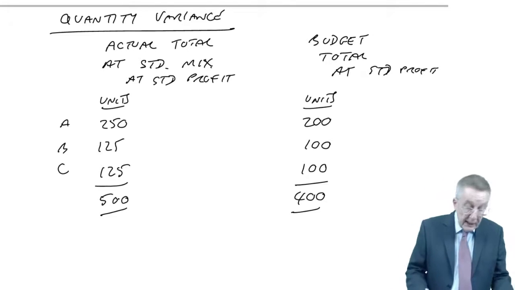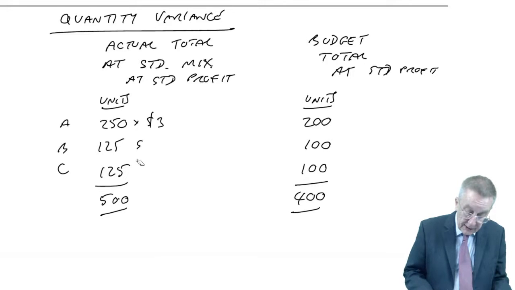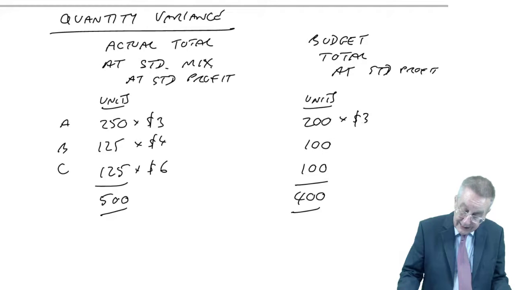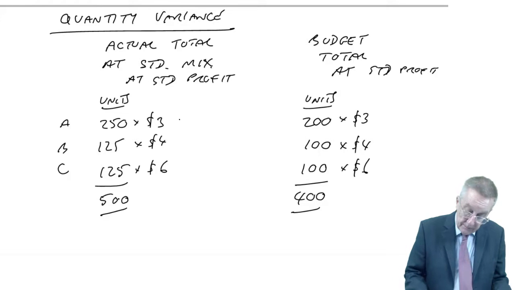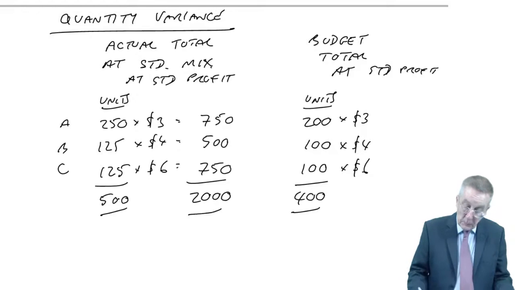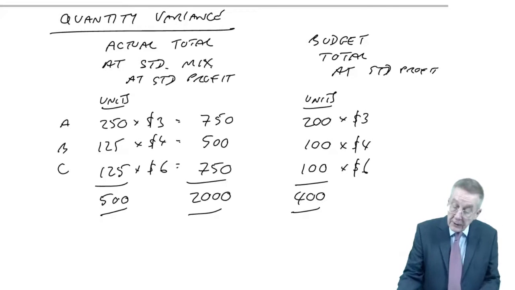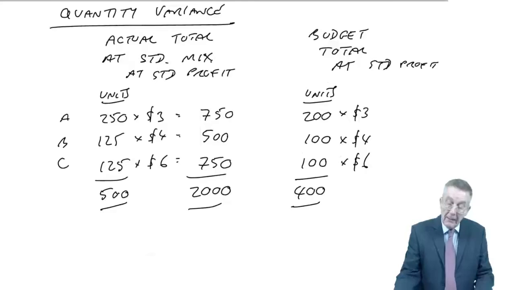So what is it for the last time? A, $3, B, $4, C, $6, that we've done before, you know, you could just have copied it, 2000.